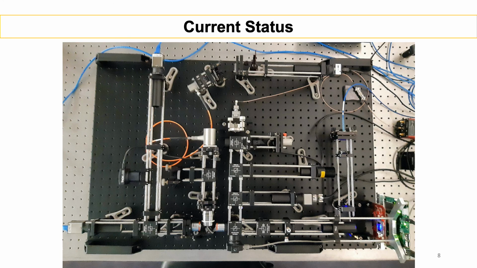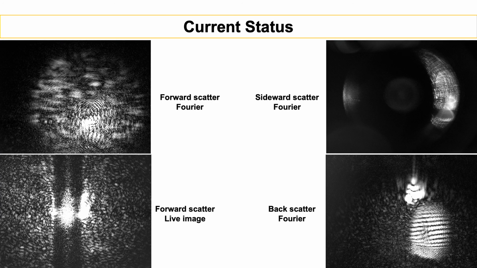The current status on our metrological flow cytometer is that the optics are nominally in place. We can already detect signal in the forward scattering, sideward scattering and backward scattering directions, with the Fourier signals on the top and right and the wide field image on the bottom left.